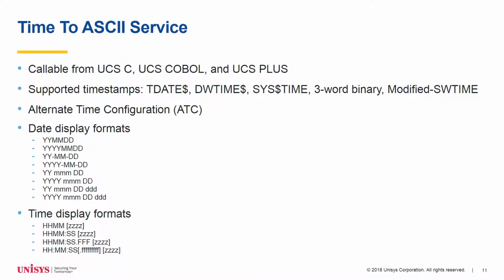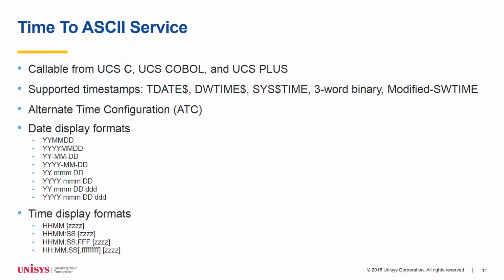The time to ASCII service is added to SLIB, allowing UCSC, UCS COBOL, and UCS Plus callers to convert timestamps into standard formatted ASCII strings. Example calls from each language are provided in the ClearPath OS 2200 Service Library Programming Reference Manual.